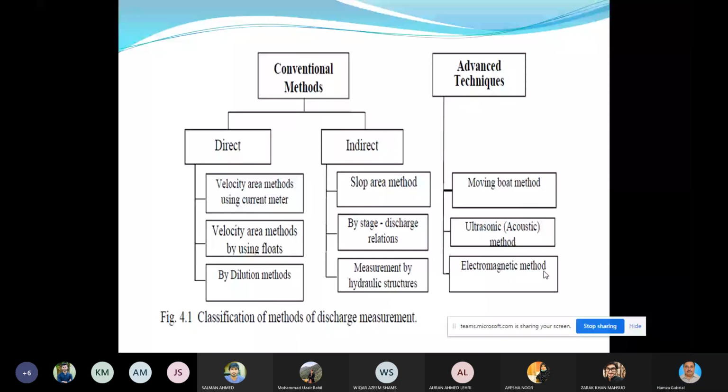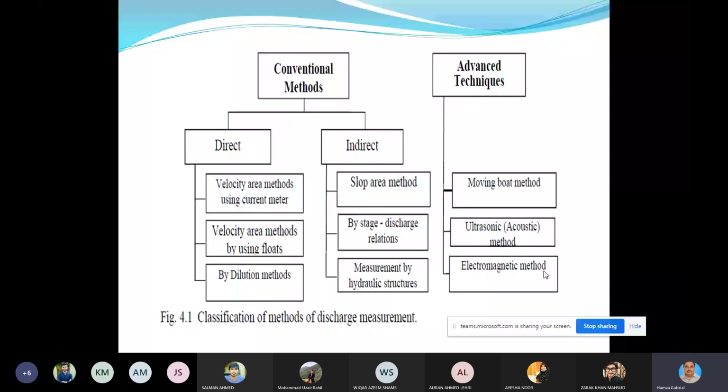The other subclassification of conventional methods is the indirect methods. Under the indirect methods, we can use the slope area method. Especially it is used once the flood peak has passed, and we can use this slope area method by using Manning's equation, Chezy's equation, or Kutter's equation.